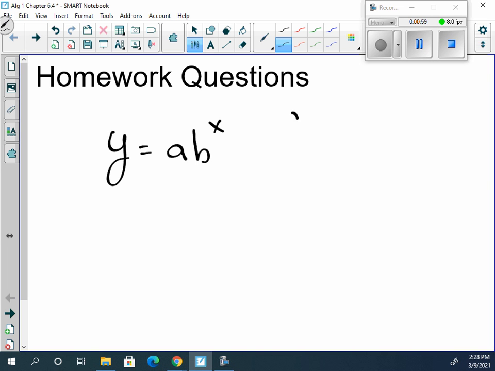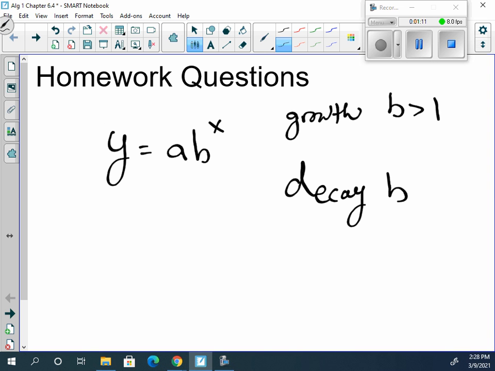It's going to be considered a growth function if b is greater than 1. And it's going to be considered a decay function if it is between 0 and 1.